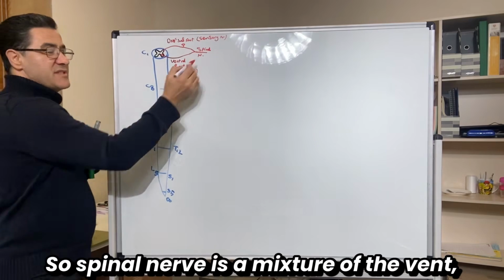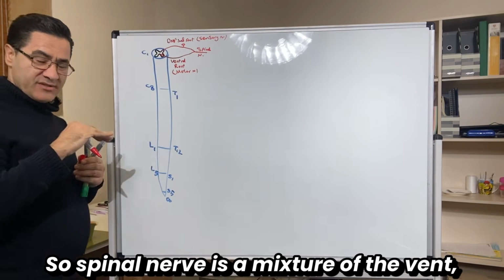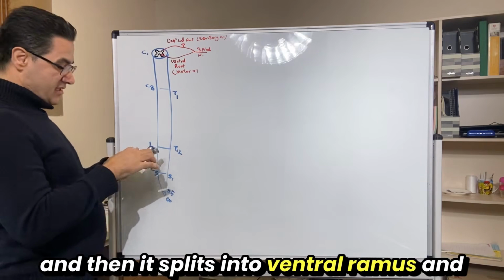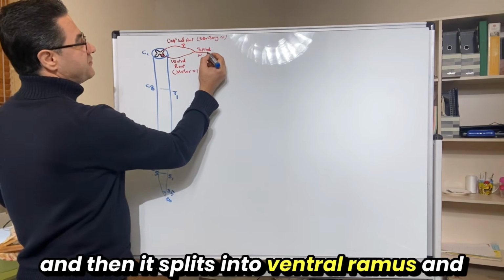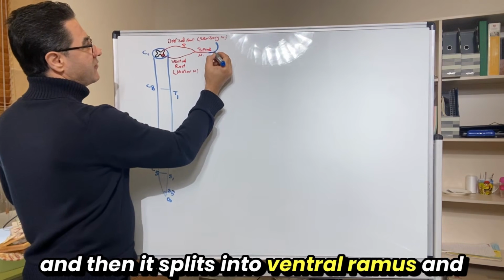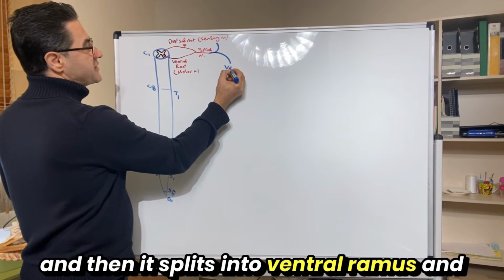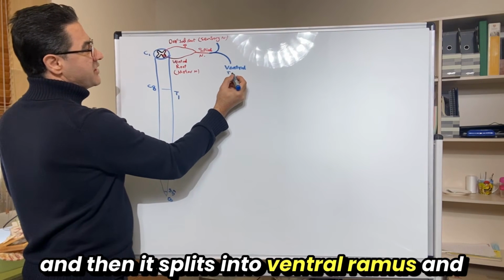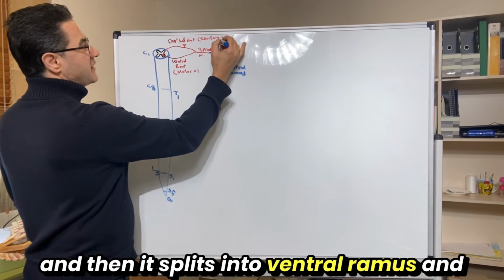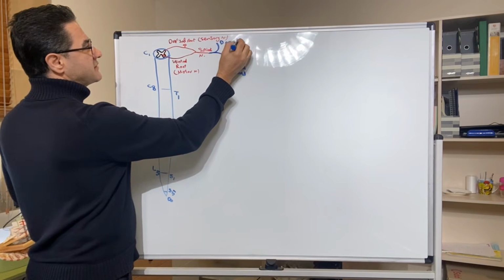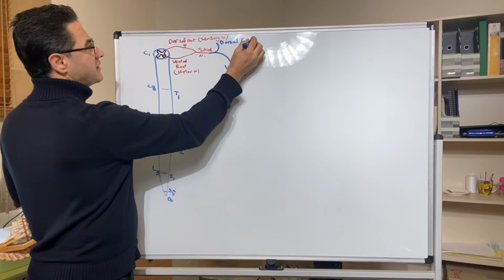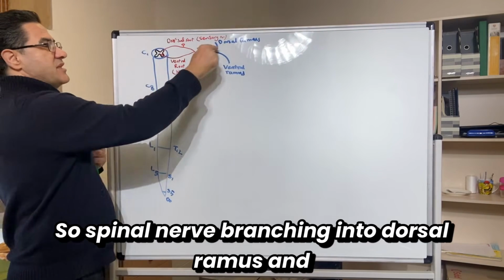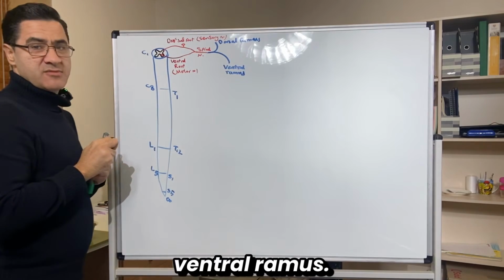So a spinal nerve is a mixture of the motor neuron and sensory neuron, and then it splits into ventral ramus and dorsal ramus. So the ramus means branch, so spinal nerve branching into dorsal ramus and ventral ramus.